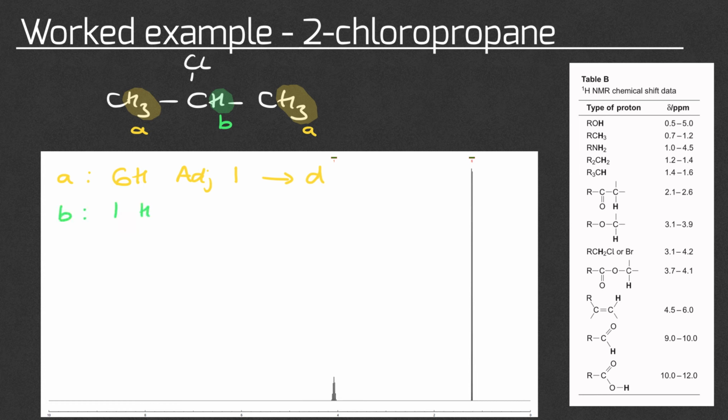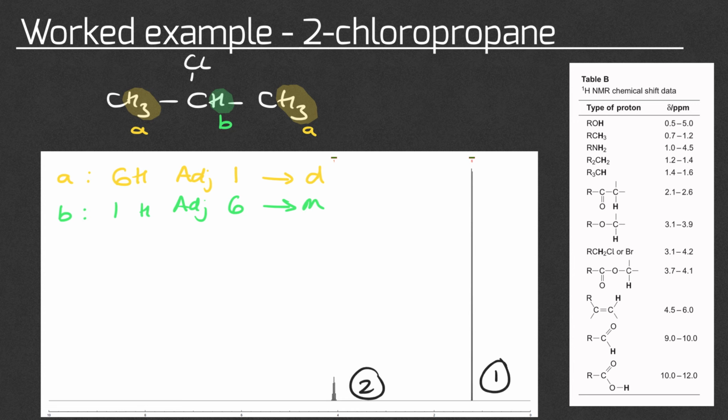We'll then repeat the process for environment B, so there is 1 hydrogen in environment B. It is adjacent to 6 hydrogens in total. Therefore, it'll be a multiplet, as 6 plus 1 equals 7, and anything with an n+1 value of 5 or greater we can call a multiplet.